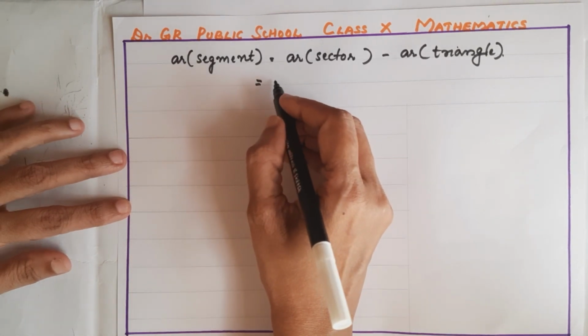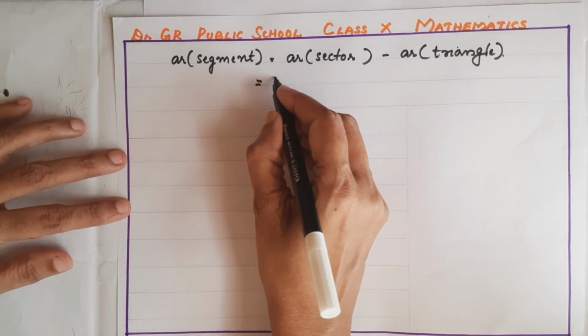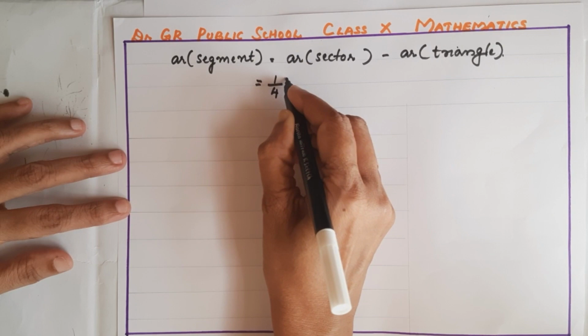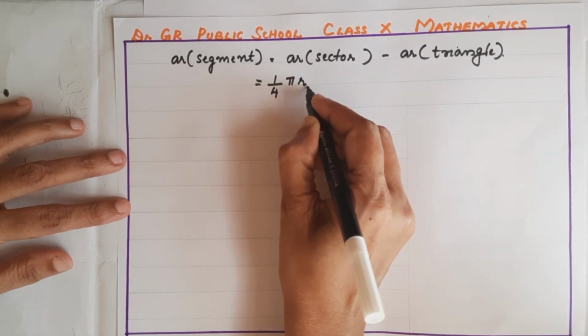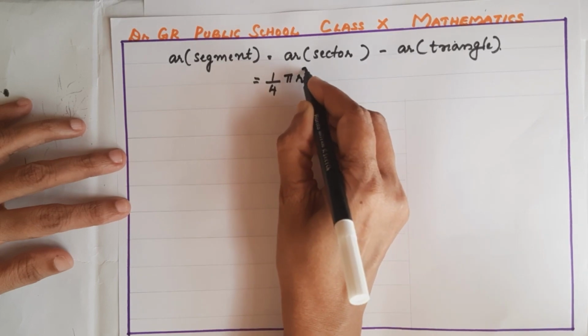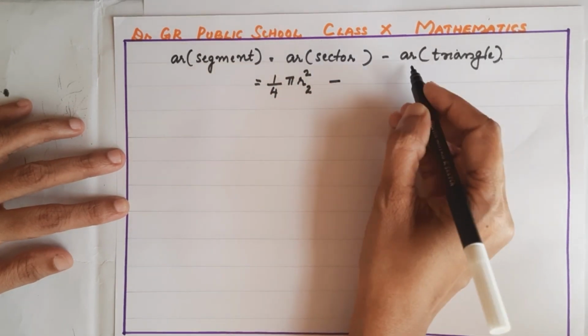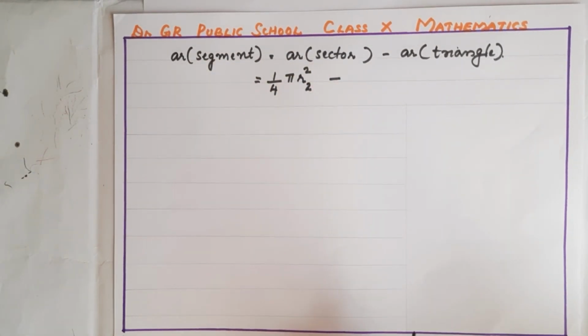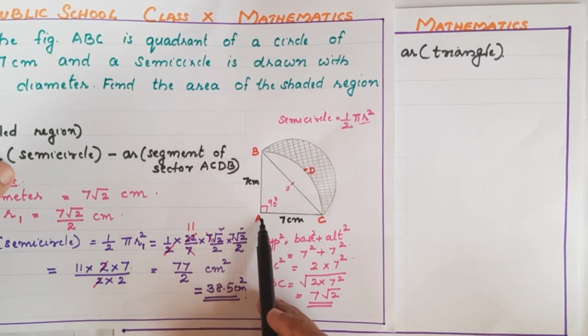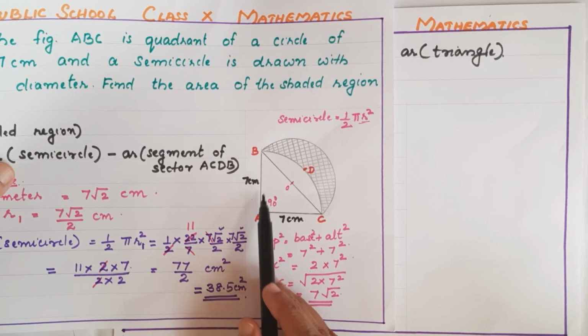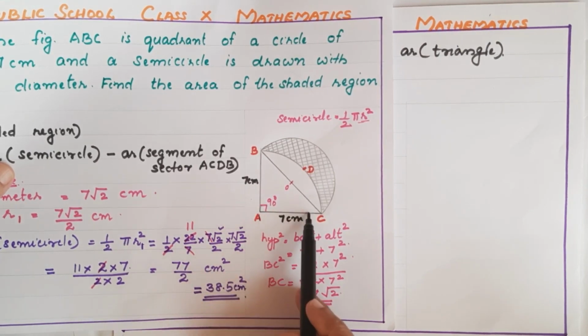Okay. Area of quadrant formula 1 by 4 pi. See another radius. So I am taking this as R2 square minus area of triangle. What type of triangle is this? Right triangle. So which formula can be applied?